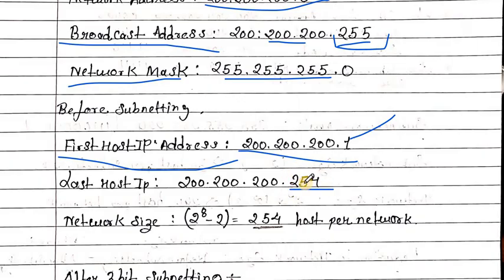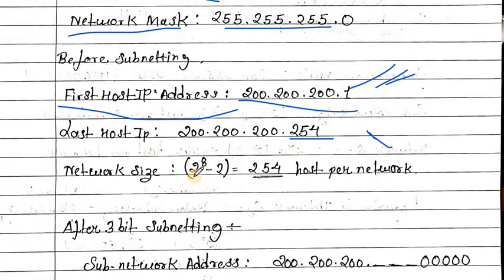You must remember 255 is a special IP address, and here 0 is the network address. So between them are the first IP address and the last IP address. After removing the first and last addresses, we get the first host IP address. So the network size is 2 to the power 8 minus 2, which is 254 hosts per network.